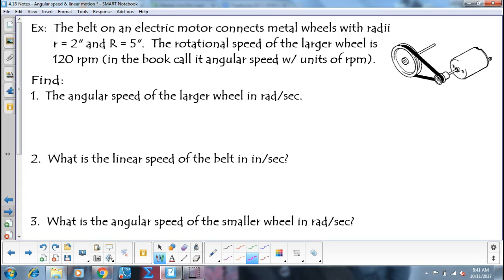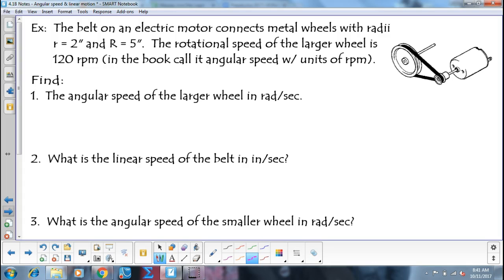When you pedal a bike, the pedals are attached to the drive sprocket, and that drive sprocket is making the back tire move. If you've got a 21 speed bike, you could change, make it go easier or harder, which makes you go faster. So that's a common problem.